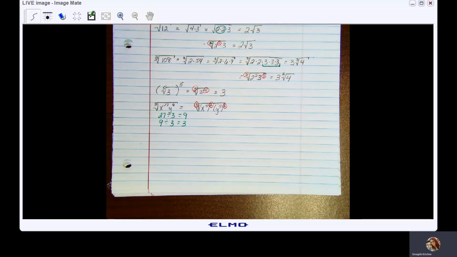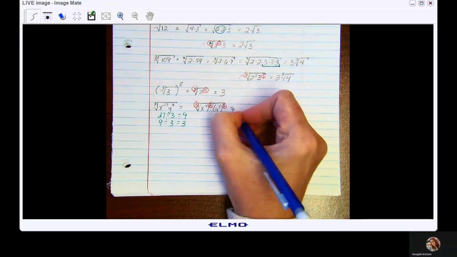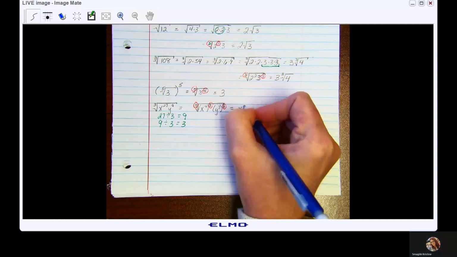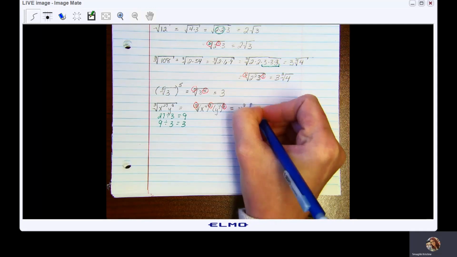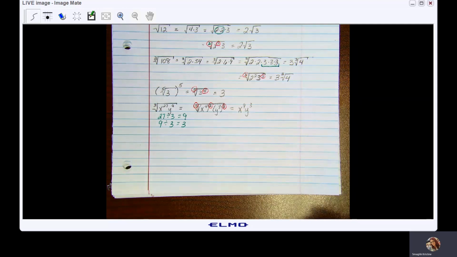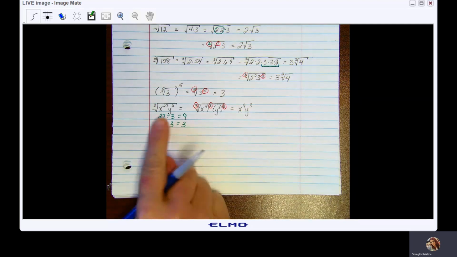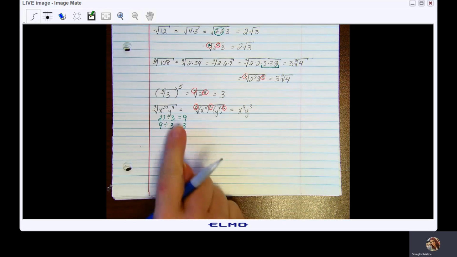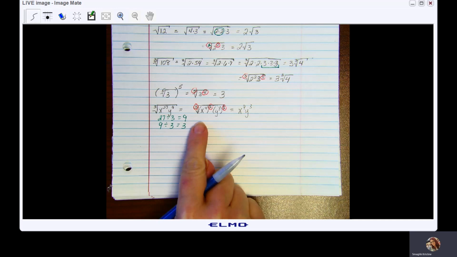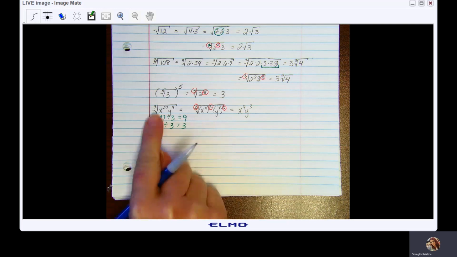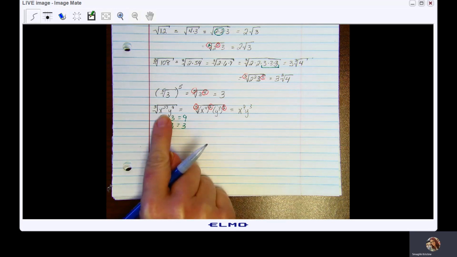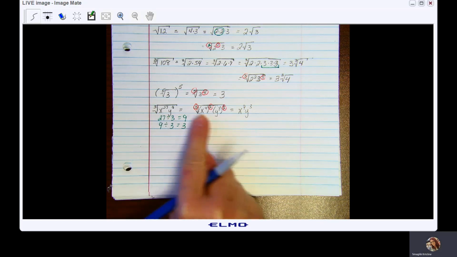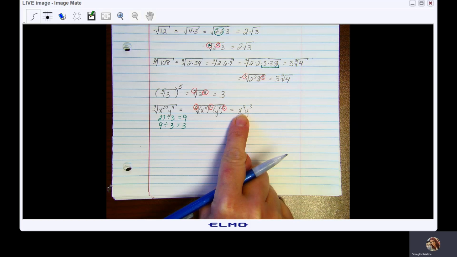So when I simplify it, I'm going to be left with x to the 9th, y to the 3rd. And again, if you were to expand this out all the way, and you would write x times x times x times itself 27 times, and then group them in 3's, you would find you would have 9 groups of 3 x's to each group. And that would come out of your radical as x to the 9th.